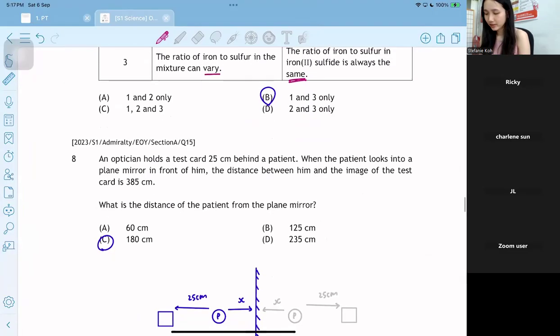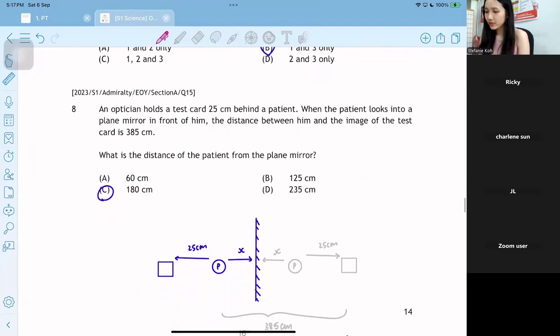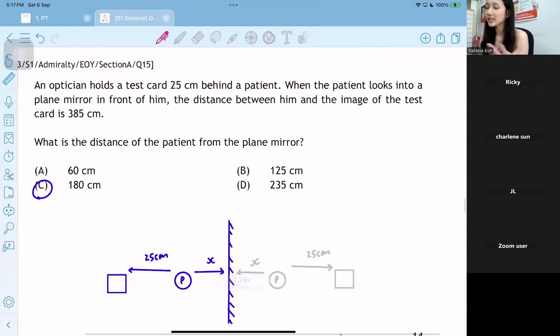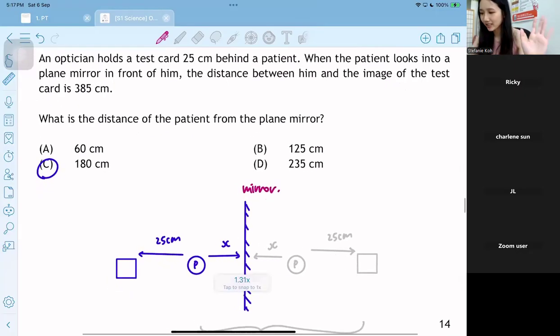Question 8. This kind of question you just draw out. If you can't visualize it, then just draw it out. We have our mirror here, and the patient is X distance away from the mirror. I don't know where he is, but we just use algebra to solve.